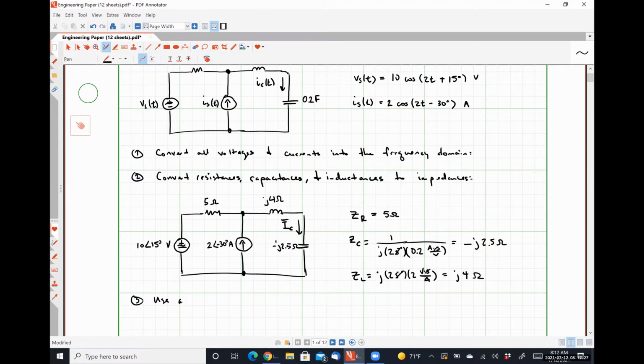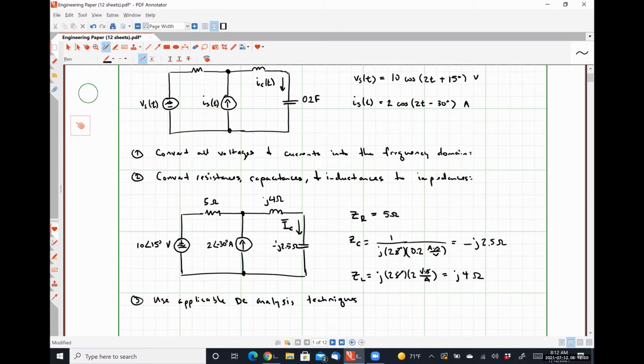So step 3 is use applicable DC analysis. We can literally use any circuit analysis techniques that we want in order to solve for this.